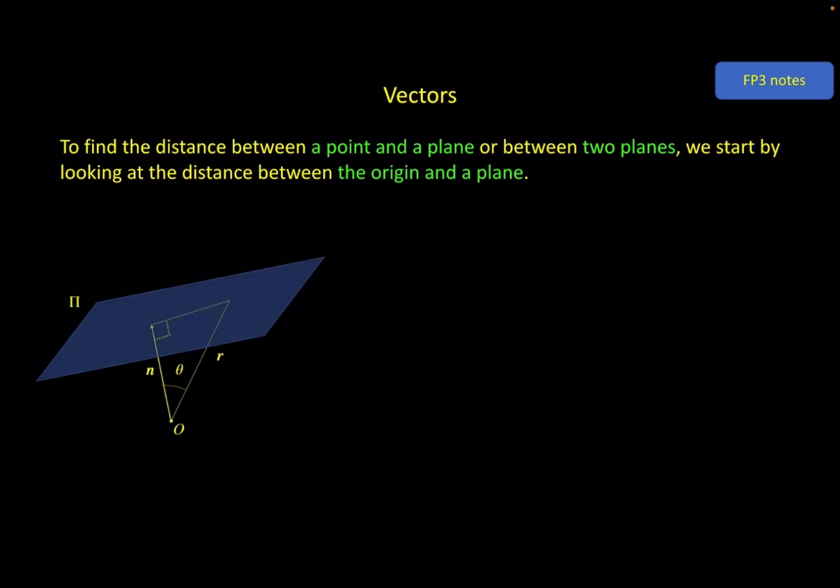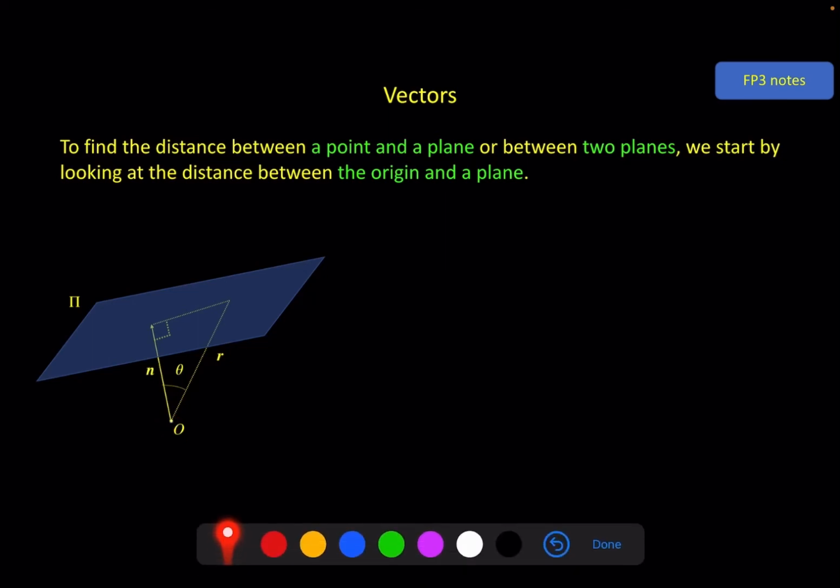So to do this, I'm going to introduce something that is sometimes called resolving or sometimes called projection. But this idea here, that from the origin to the plane, the shortest distance will always follow the perpendicular distance, i.e. the perpendicular to the plane. So it will always be along the normal direction.